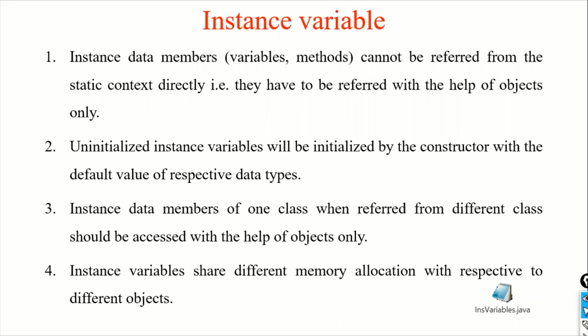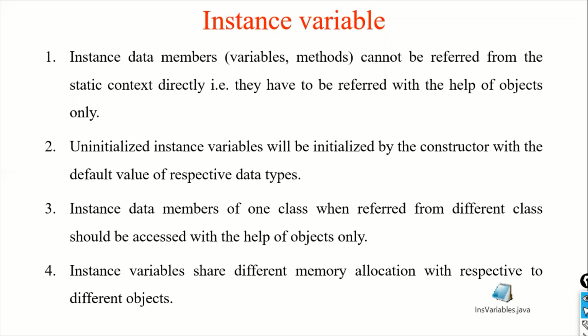So whenever we have instance variables, they are not allowed to be accessed from the static context directly. Whenever you are referring from the static context, all the instance variables should be accessed with the help of objects. All the uninitialized instance variables will be initialized by default values of their respective data types.